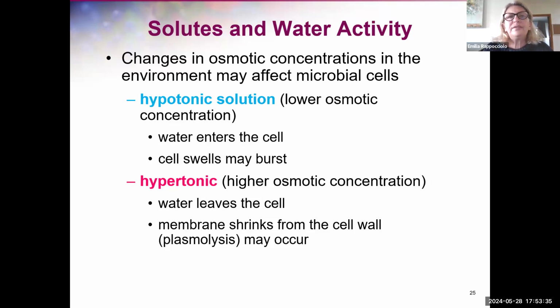Osmosis, as we said in the first lecture, is the movement of water caused by different concentrations of solute, and you can define an environment in relation to the concentration of solute compared to the concentration of solute in the cytoplasm of the cell.